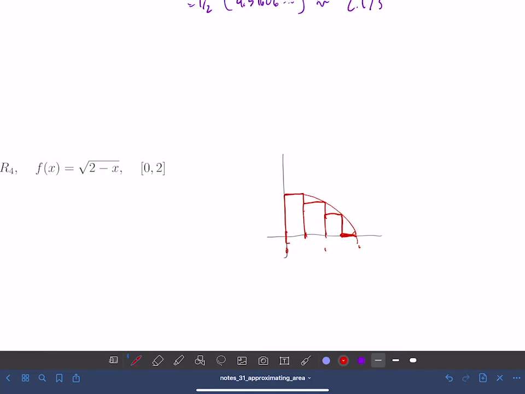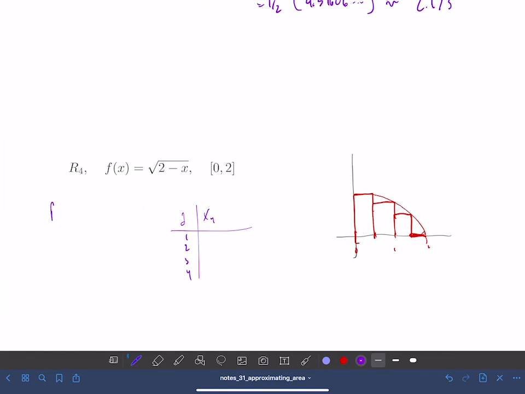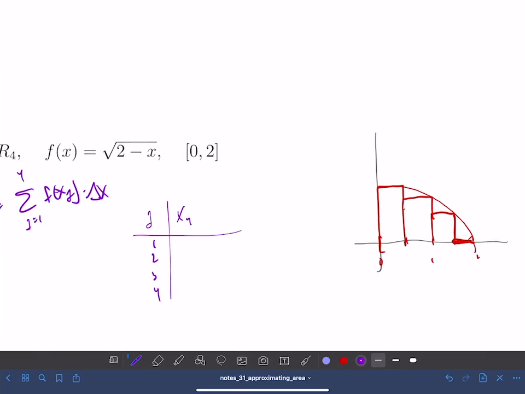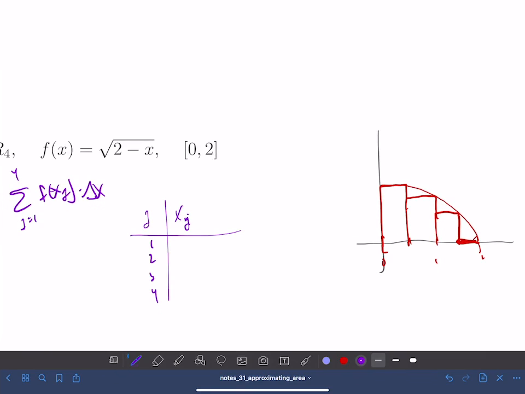So my table then consists of, here's my j's, x of j's, 1, 2, 3, and 4, because R sub 4 is equal to the sum from j equals 1 to 4 of f of x sub j times delta x. Need my x sub j's. They're going to be 0.5, 1, 1.5, and 2.